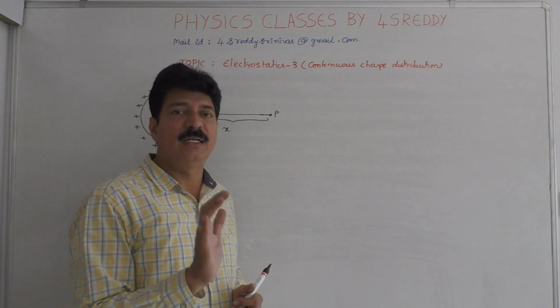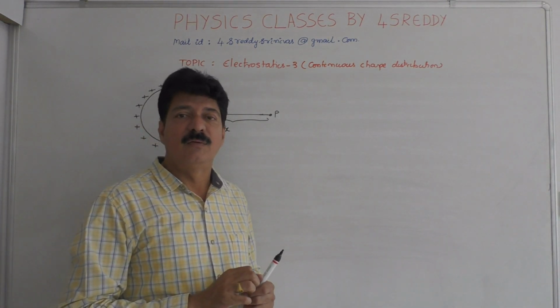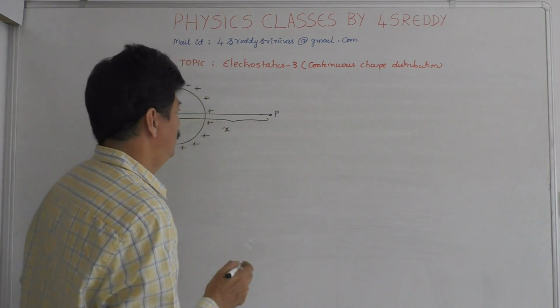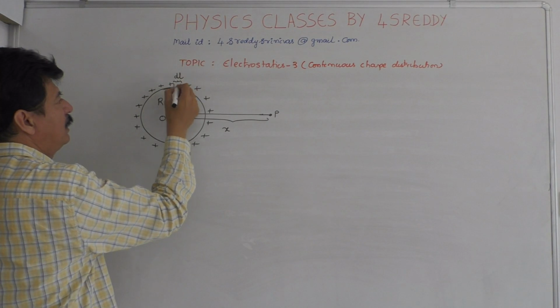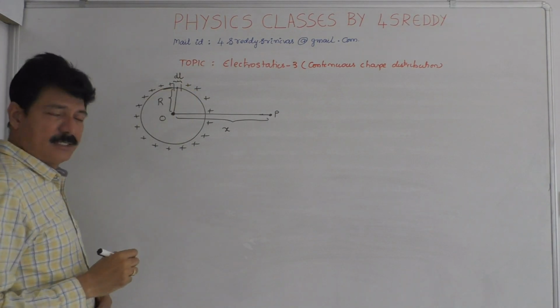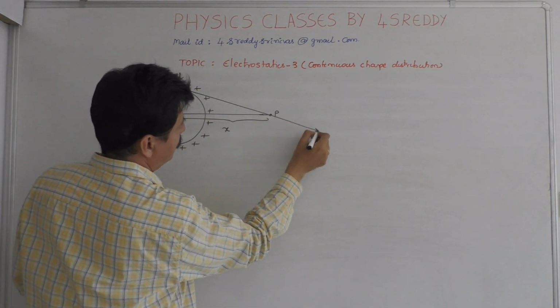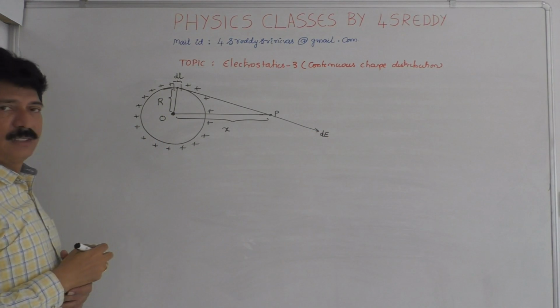Thereafter, it should be integrated between the required limits to obtain the field at the point due to the entire object. So first we consider an elemental length dl at this point. Now you have to find the field at P due to this elemental length.